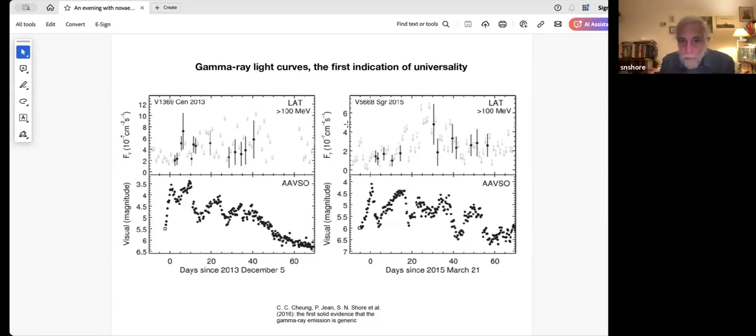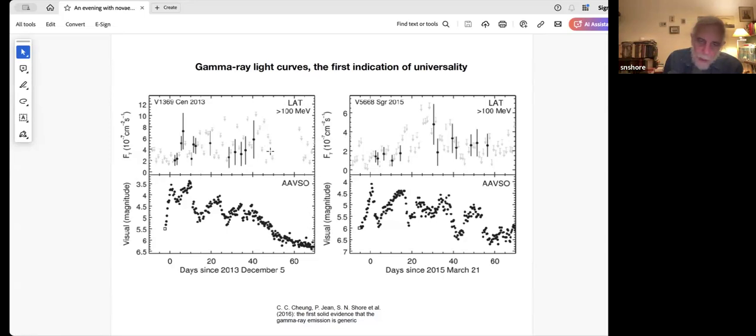The advantage of the gammas is that they're measured by a satellite that doesn't go through Earth occultation. Fermi scans the sky completely in a few days. So if a nova goes off and you can get gammas from it, you'll get a pretty good light curve.